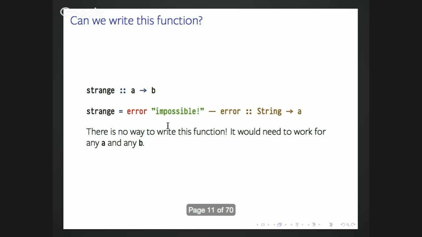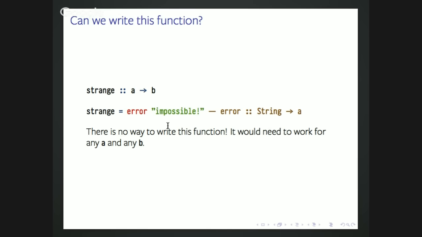The reason is that there's no function you could think of that would, for any input A, always give you a different type B. You would have to enumerate every single pair possible, and that just wouldn't be possible. You can define this function though, actually. This presentation is a literate Haskell file, so you can run it. And strange is defined; it's just that error is actually of type B.